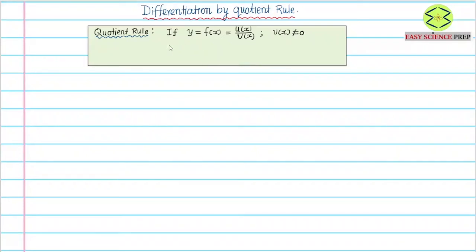Please remember, if y equals f of x is the ratio of two functions u of x and v of x, then dy by dx, also called the first derivative, is v times derivative of u, minus u times derivative of v, whole divided by v square.